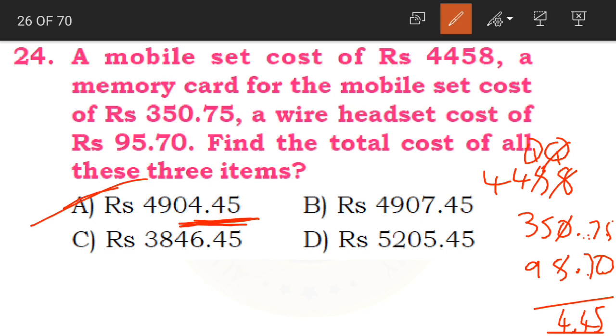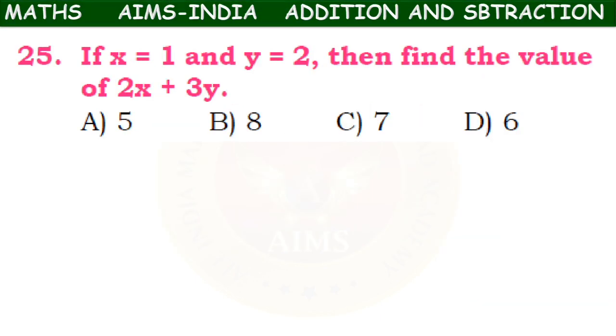So option A becomes our correct answer. Or else you can add and also check. 0 here, 2 carried, 4 plus 2, 6, 6 plus 3, 9, and 4 here. 4904.45 rupees is our correct answer.